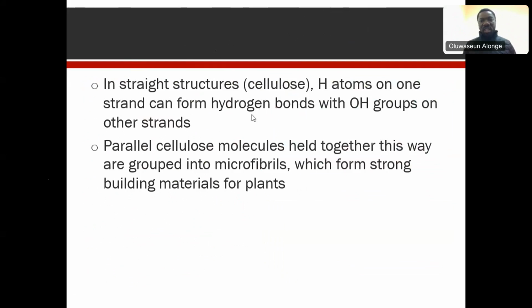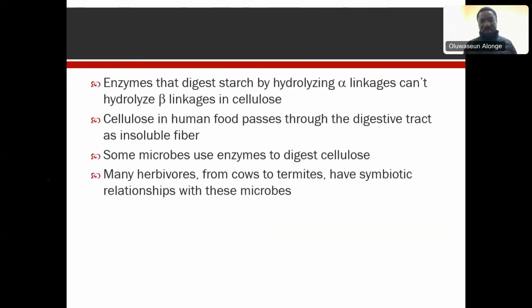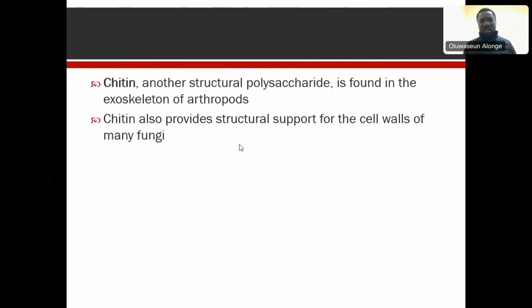So chitin is also another way that polysaccharides appear. So polysaccharides appear as starch, glycogen, cellulose, and chitin, which is what you see. Some people call it chitin, or chitin. All right.